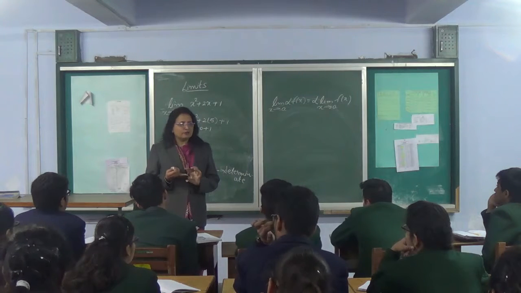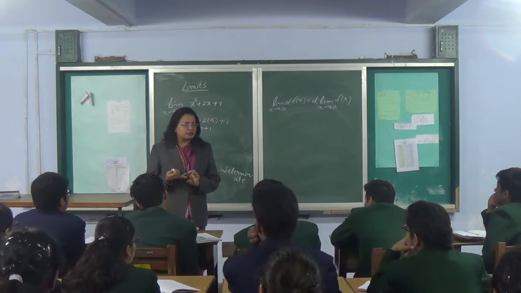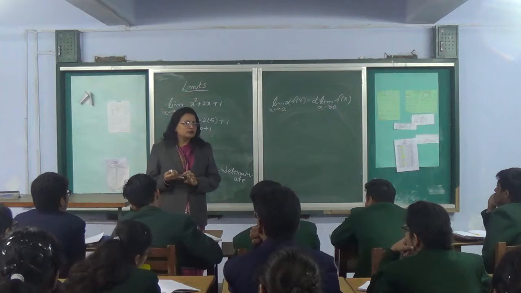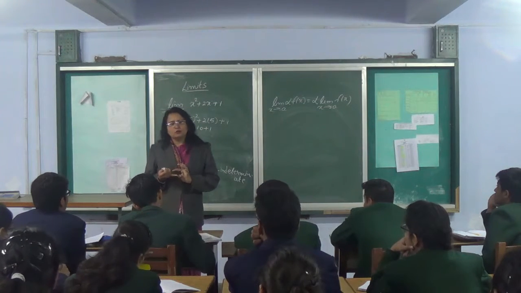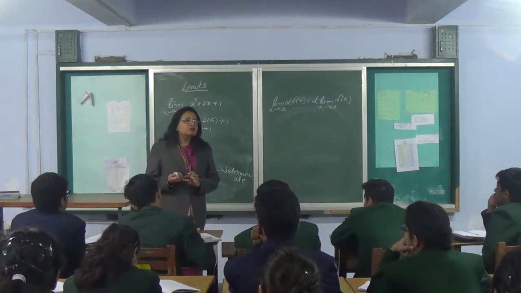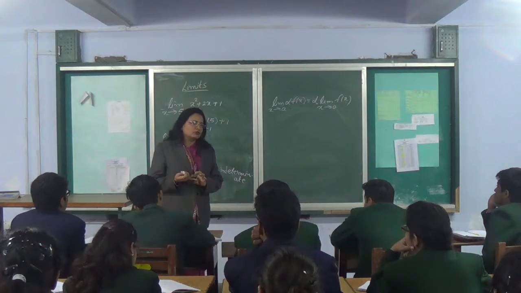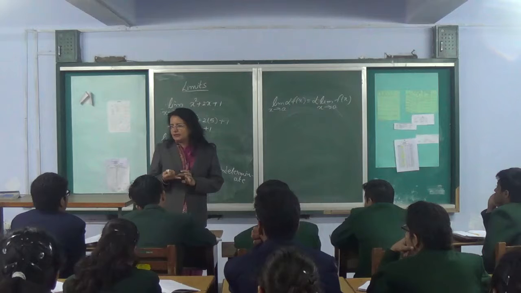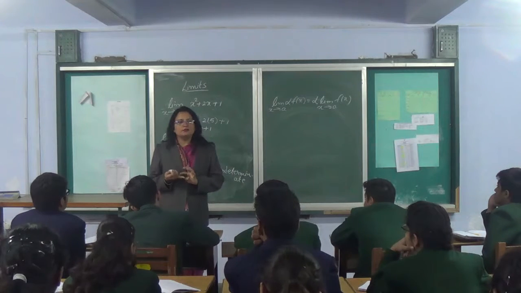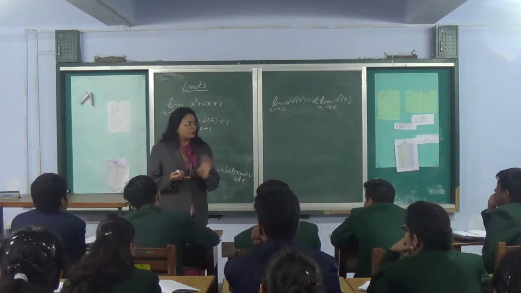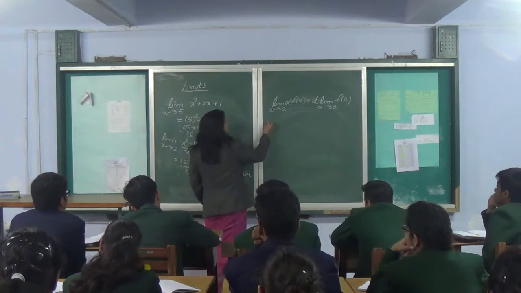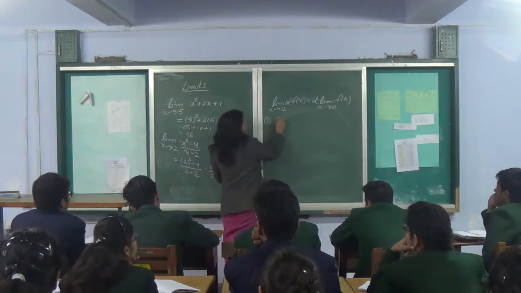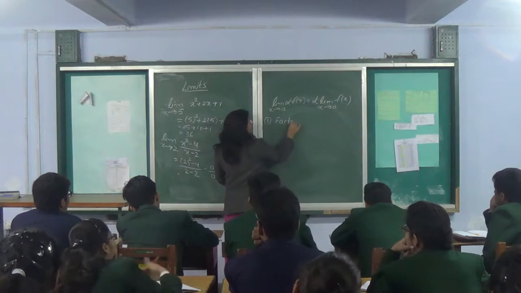And one more thing, there could be a possibility where we will use substitution also. By changing the variable, we will convert the function from indeterminate form to the normal form.